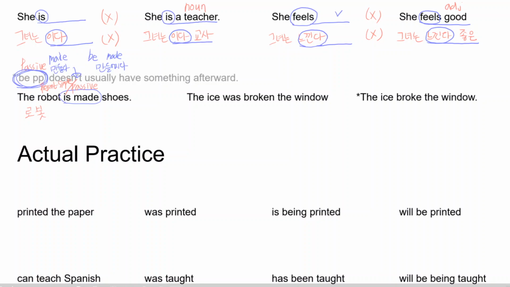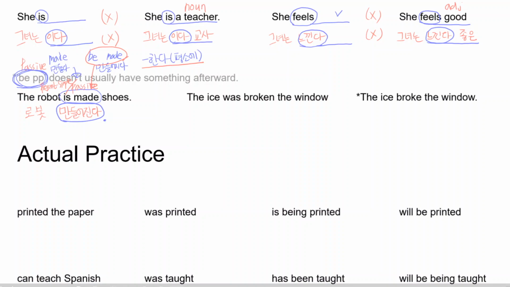And present simple means 뭐뭐 한다, 평소에. At this time we have be made in the tense bracket, and the tense is 뭐뭐 한다, 평소에. So the exact translation should be 로봇은 만들어진다 평소에. Right? So 로봇 만들어진다 is the end of the sentence.